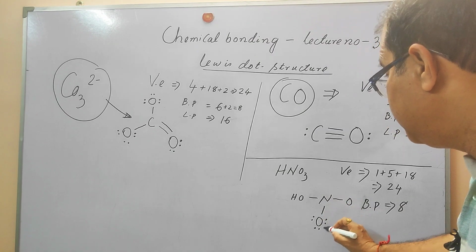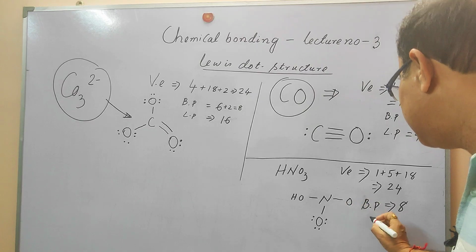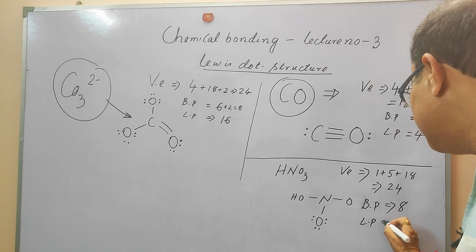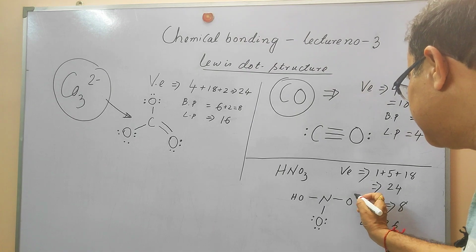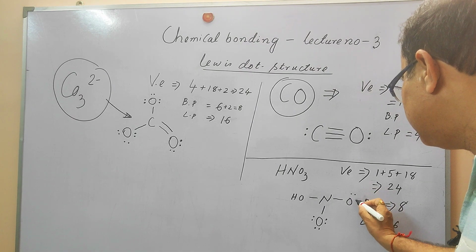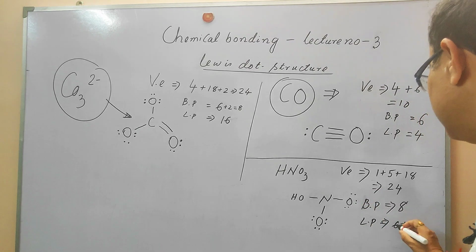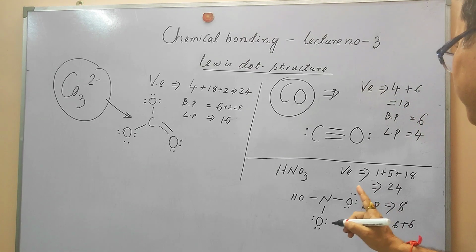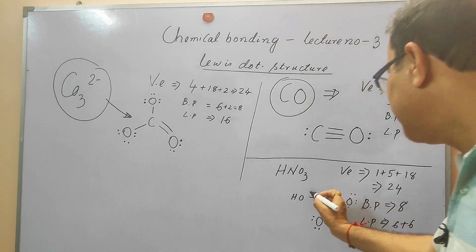Here you can see 6 electrons as lone pairs we have used, that is 6. Again we have used 6, 12, total 4 electrons remaining here that we can utilize here.